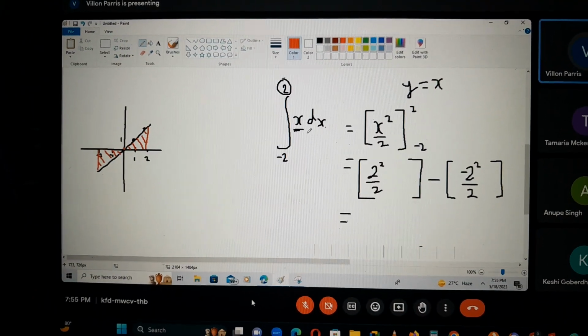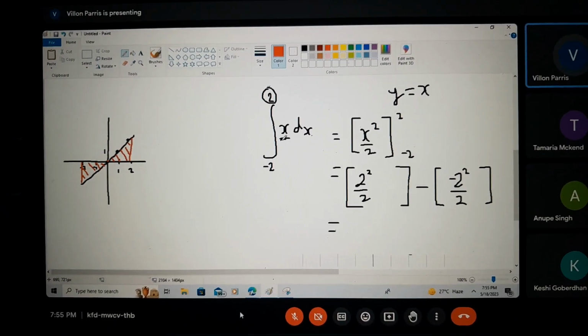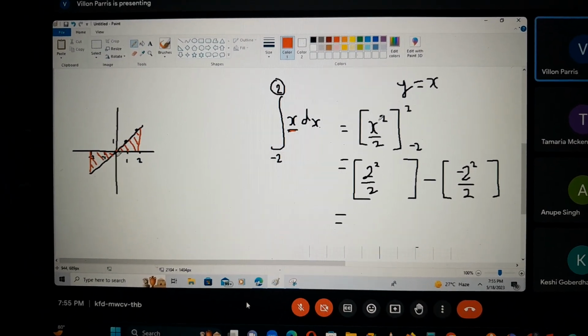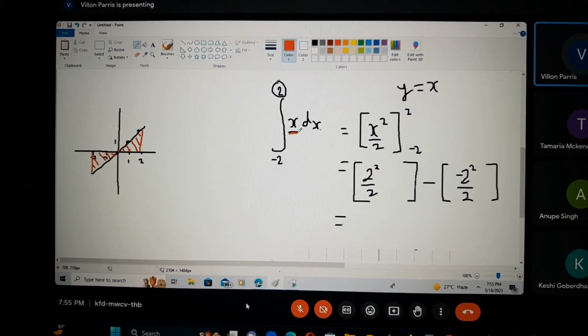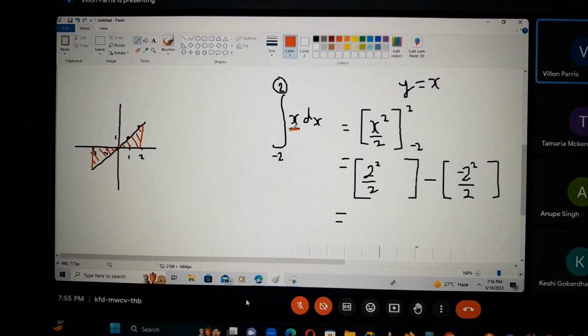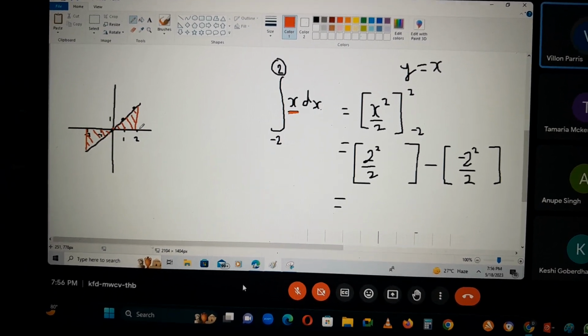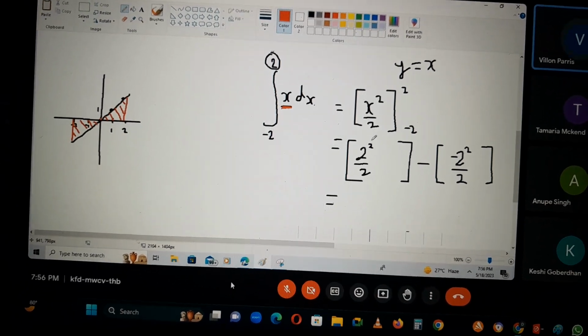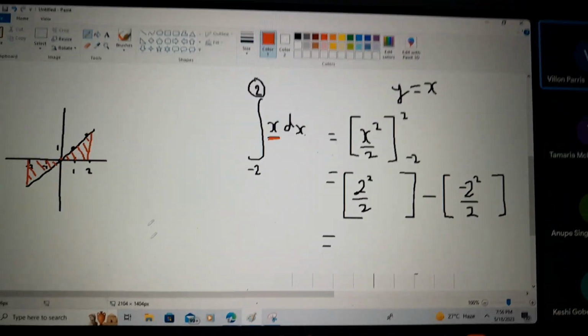So again, I'm saying if you have to find the definite integral, once it's a function that has a variable, please draw your graph or sketch the graph, because if you don't, you might end up with the incorrect answer.